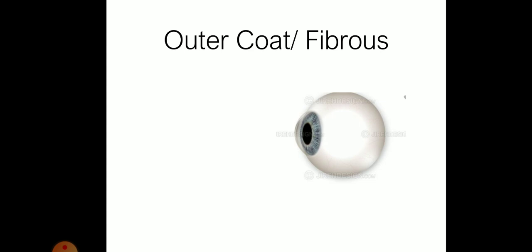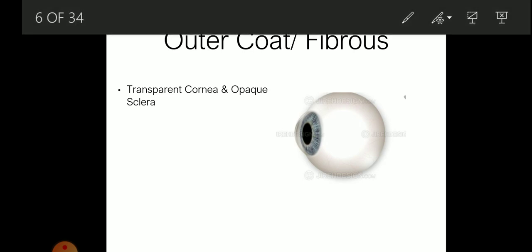Both are fibrous, whether it is the cornea or the sclera. But the difference is that one is transparent and the other is opaque. So the outer or fibrous coat comprises a transparent cornea and an opaque sclera.